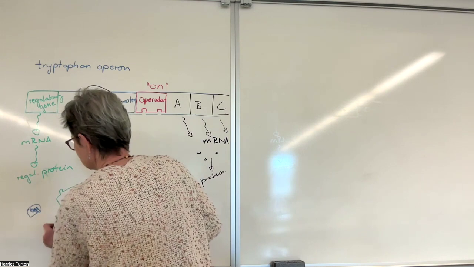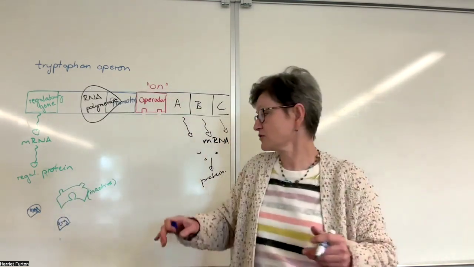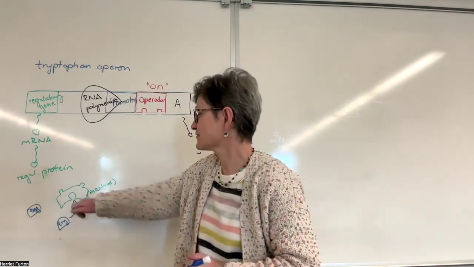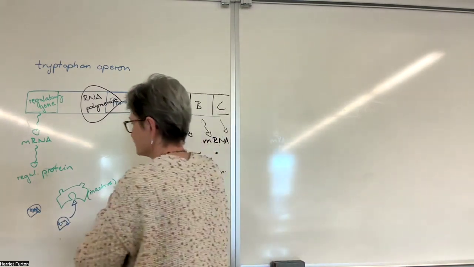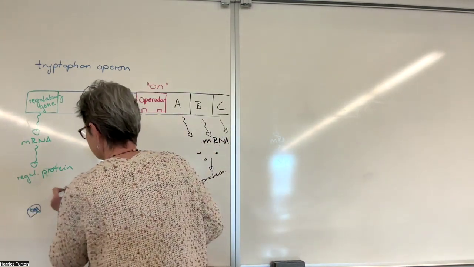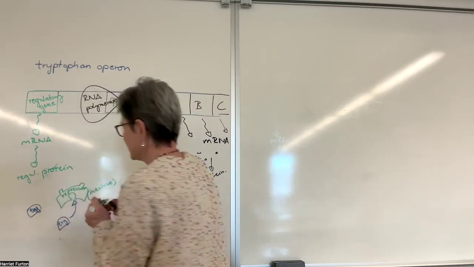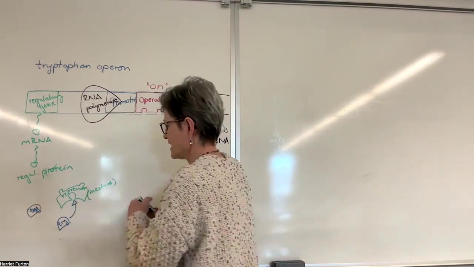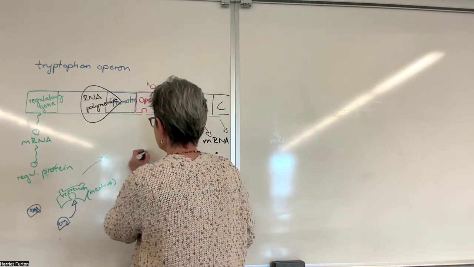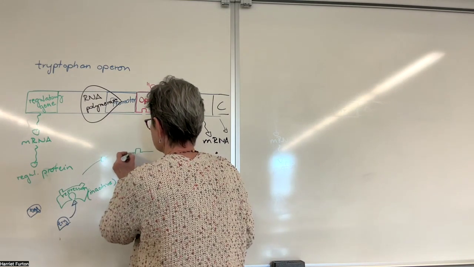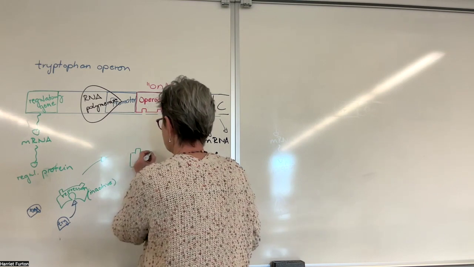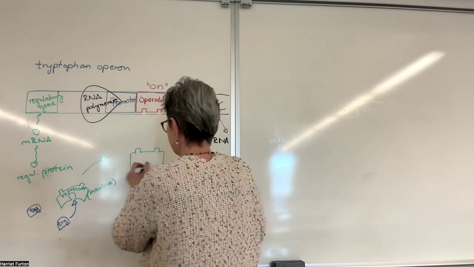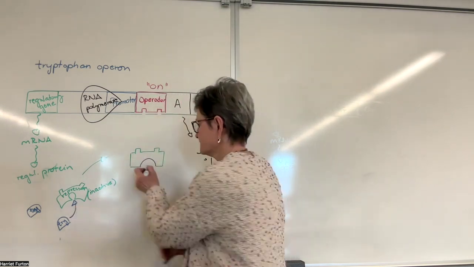TRYs, tryptophans. And now these are going to combine with the inactive repressor. This is called the repressor, the inactive repressor. So it's going to turn into something like this after the tryptophan attaches to it. It looks like that, straightens out.